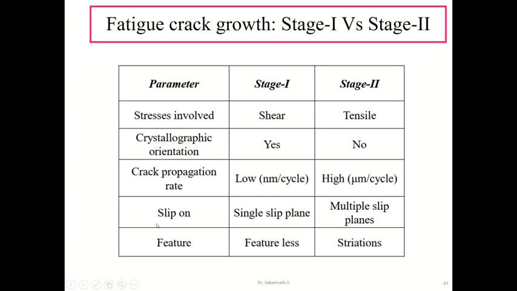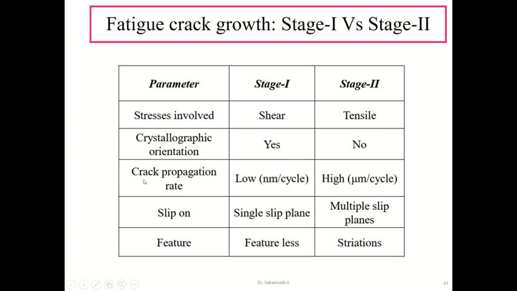Fatigue crack growth, stage 1 versus stage 2. The second stage is crack growth, and it happens in two stages, stage 1 and stage 2. The stress involved in stage 1 is shear stress, but in stage 2 it is tensile stress. There is crystallographic orientation in stage 1, but not in stage 2.